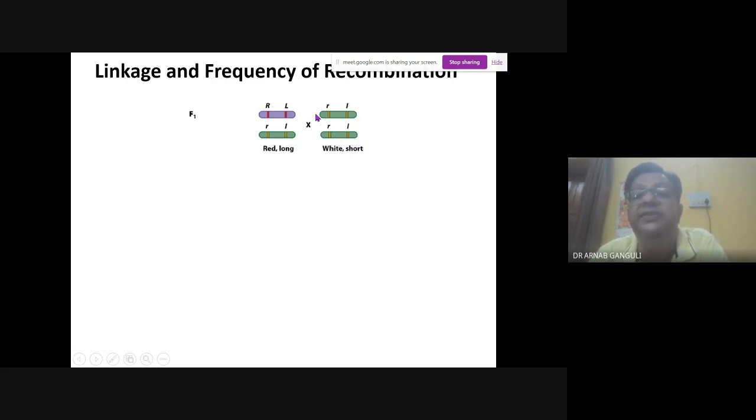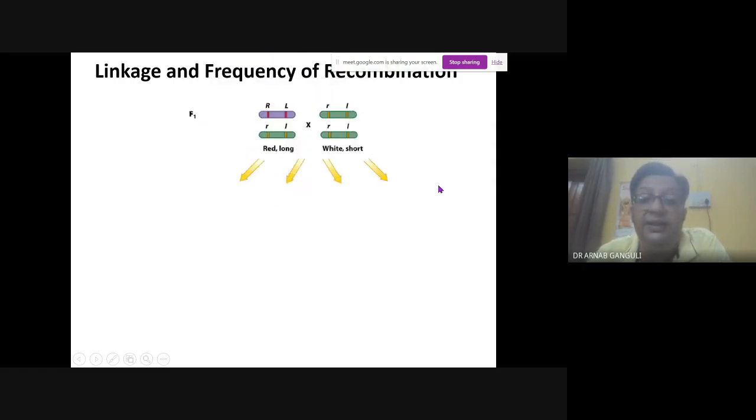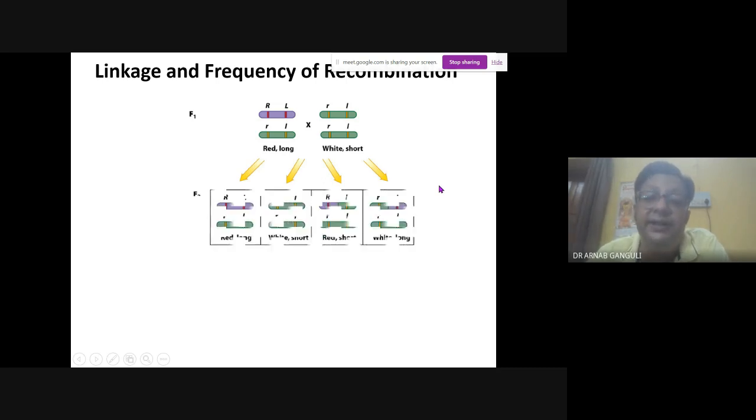This is homozygous recessive. Normally, this type of cross is known as a test cross, where a heterozygous F1 is crossed with a plant totally recessive for both characters. It's a test cross. Normally, when you are doing gene mapping, you use this.